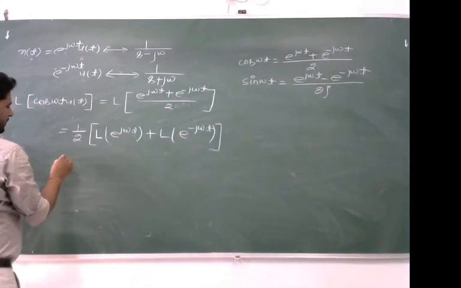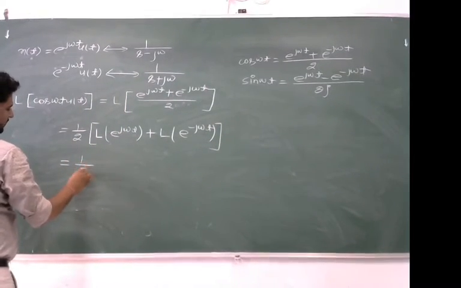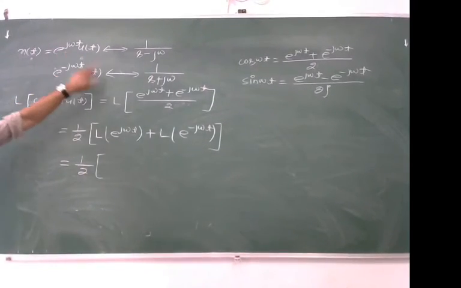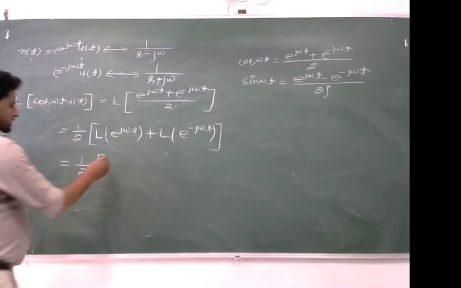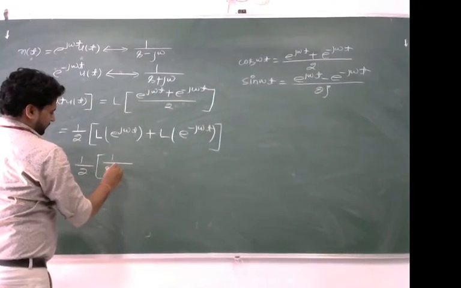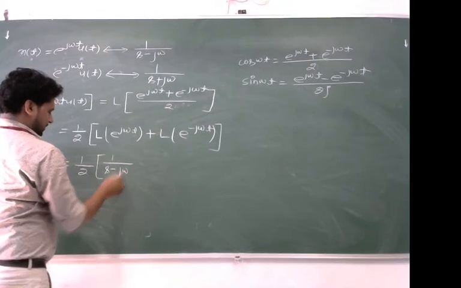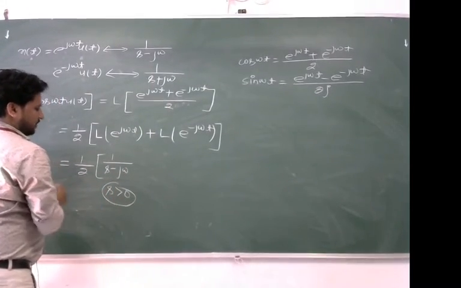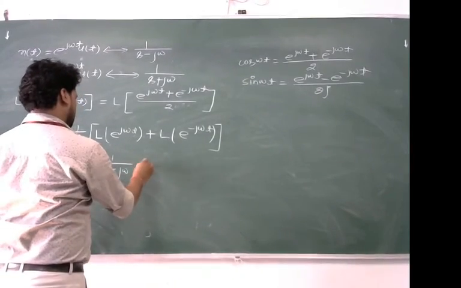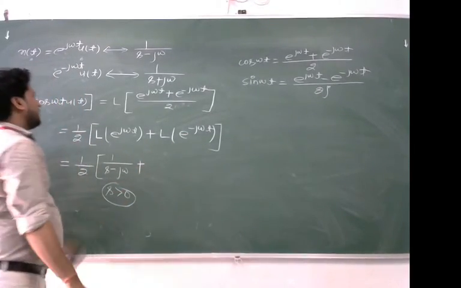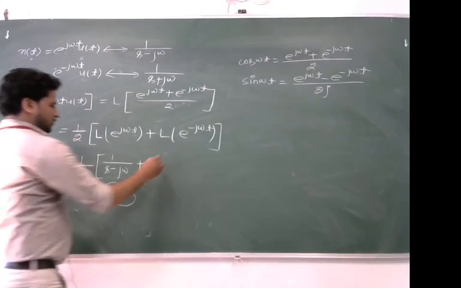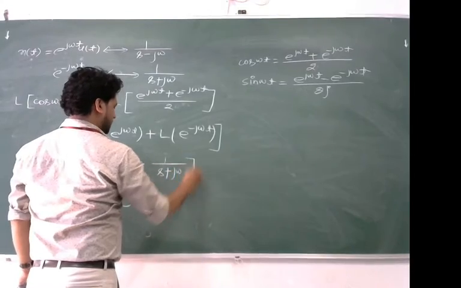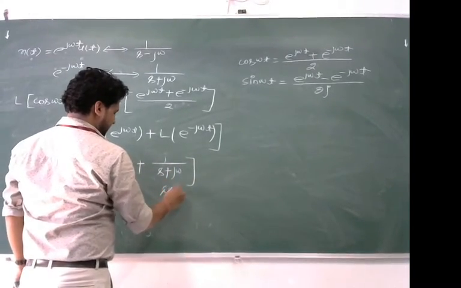The Laplace transform of e power plus j omega t will be equal to 1 upon s minus j omega, and remember, the region of convergence for this will be s greater than 0, plus the Laplace transform of e power minus j omega t will be equal to 1 upon s plus j omega, where s should be less than 0.